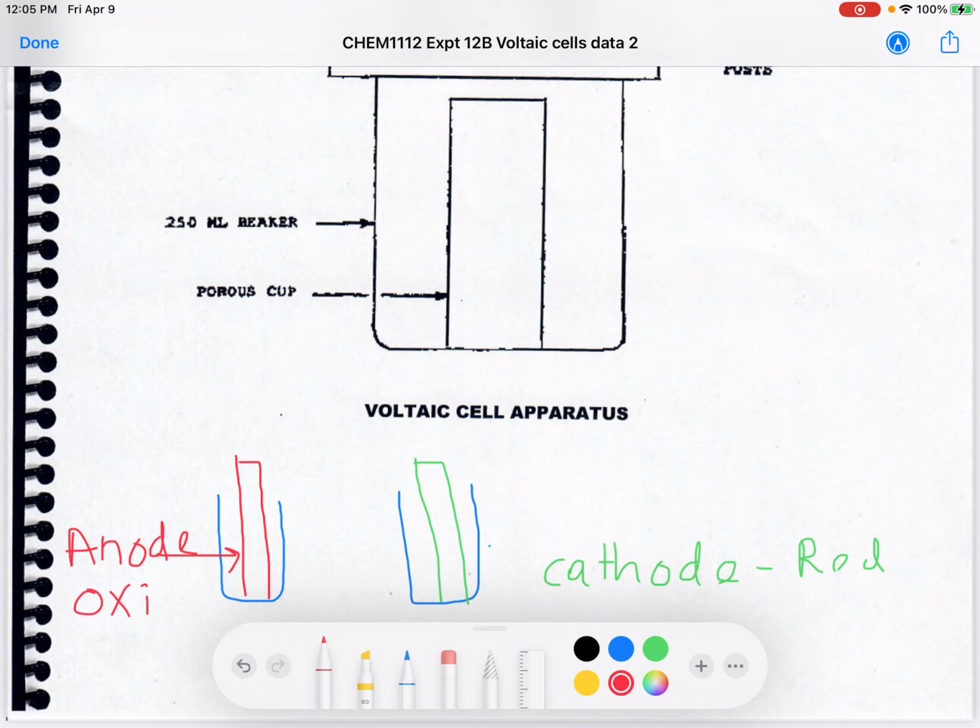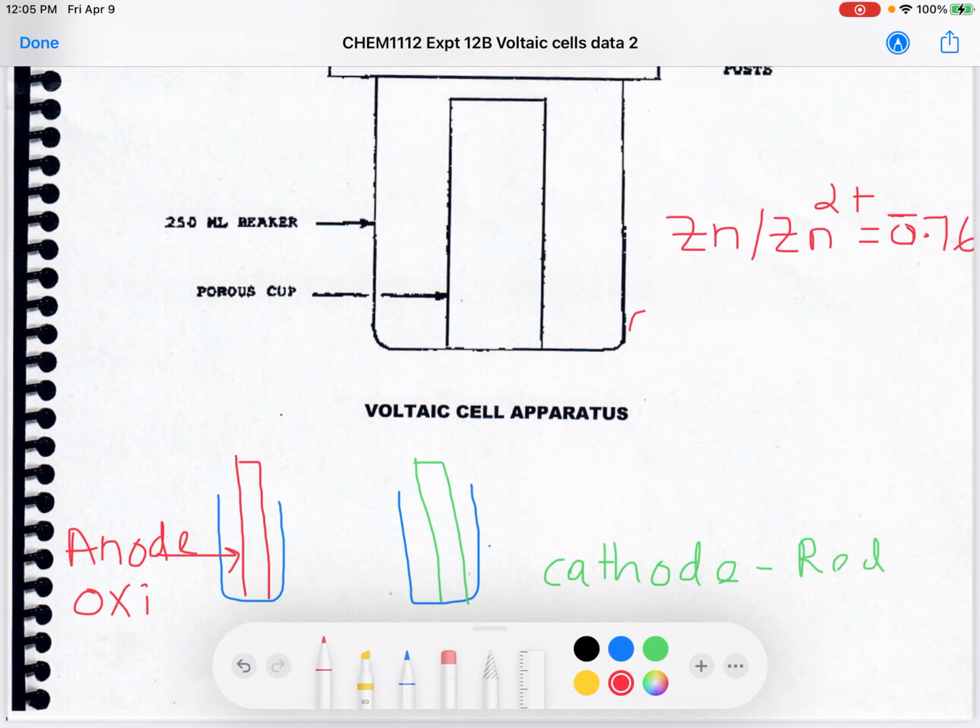The E note for the zinc 2 plus I will give you, which is negative 0.76.